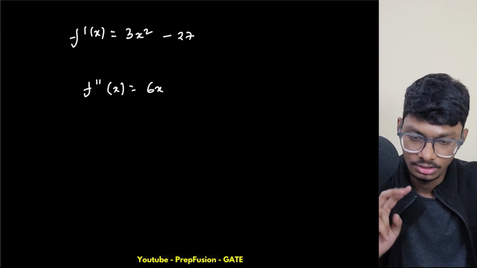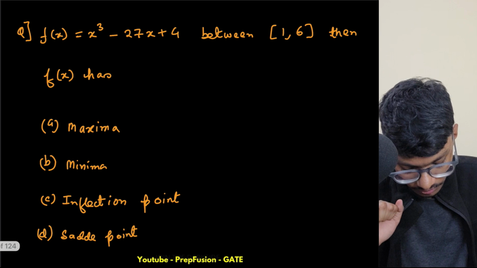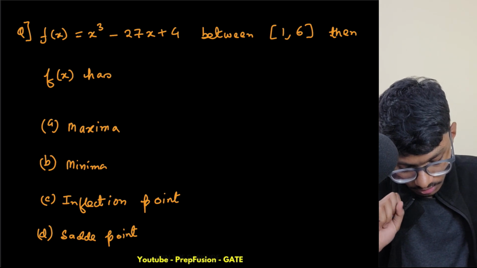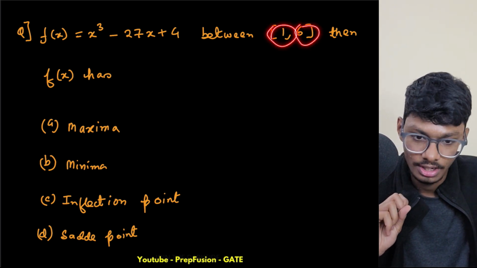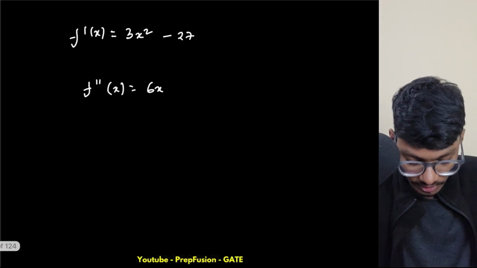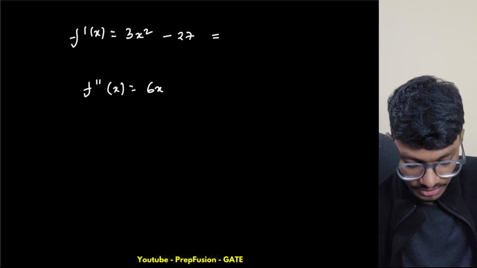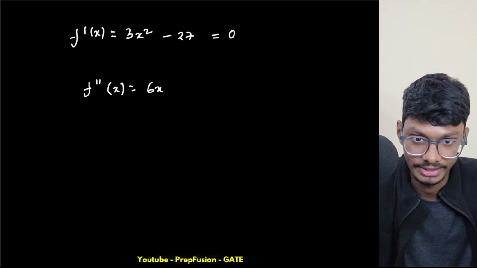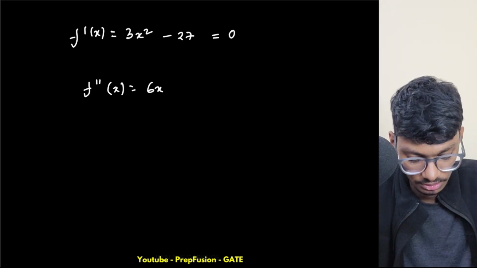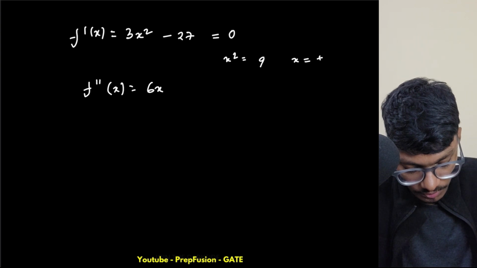So this is the double differentiation. Now we can put in the endpoints, or we can make this differentiation equal to 0. If you make it equal to 0, it will be either a maxima, minima or inflection point. So x square will be equal to 9, x will be plus minus 3.